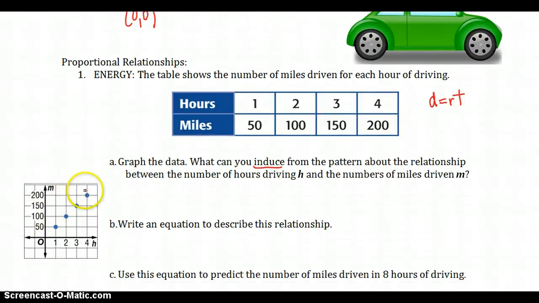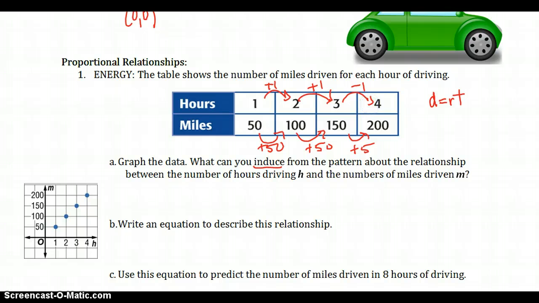Here it is. I noticed that we increase by 50 each time. And here we're going up in increments of 1. So they have a common difference.